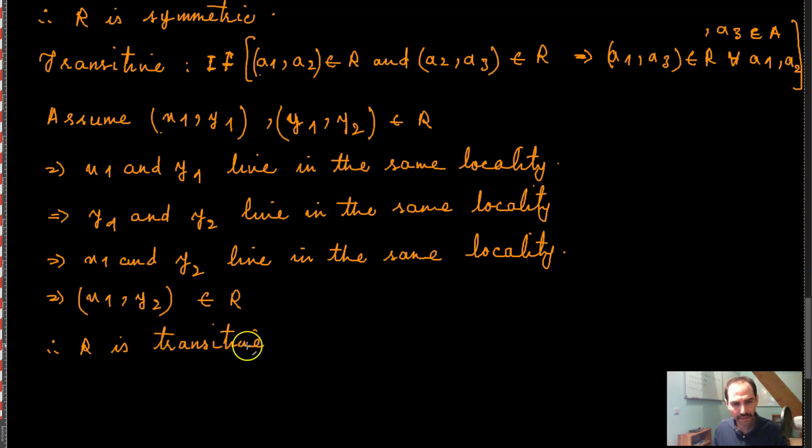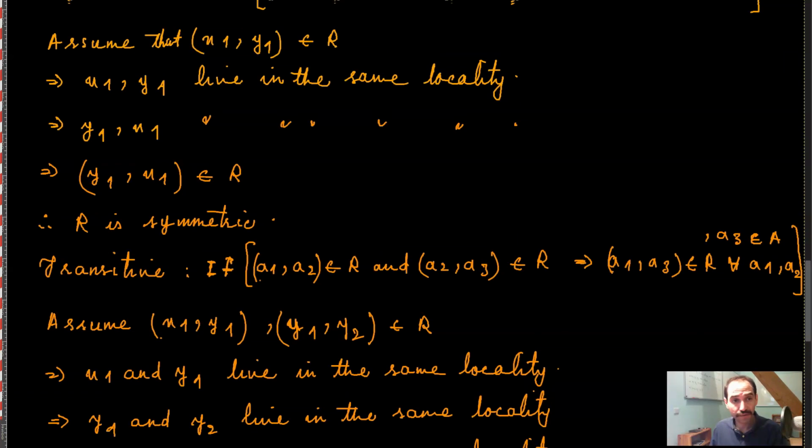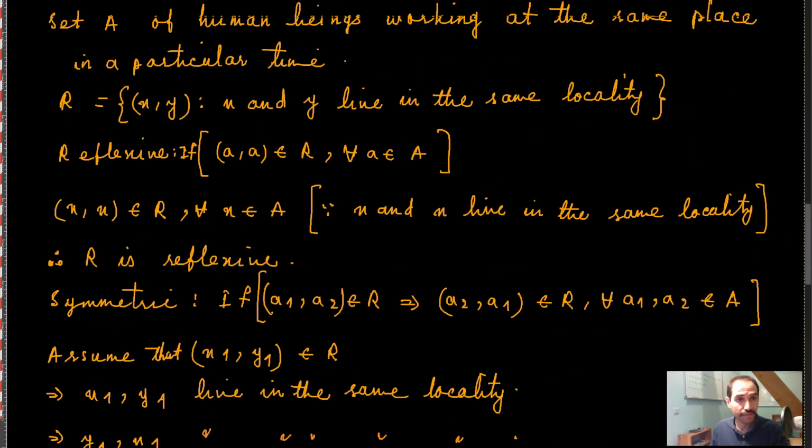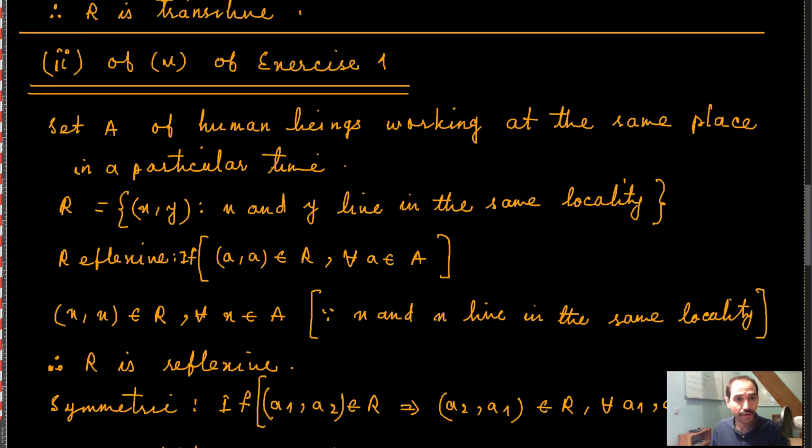R is transitive. So that was the second part of the fifth part of exercise number 1.